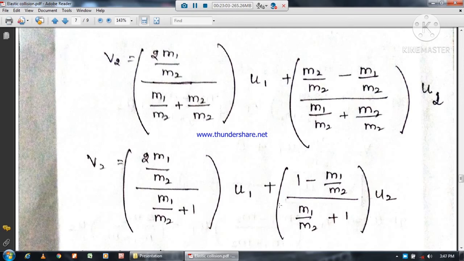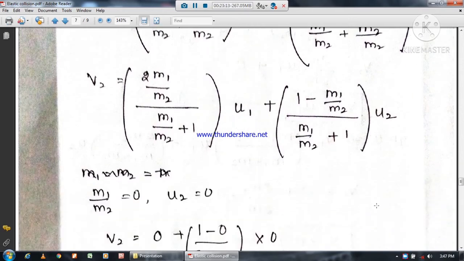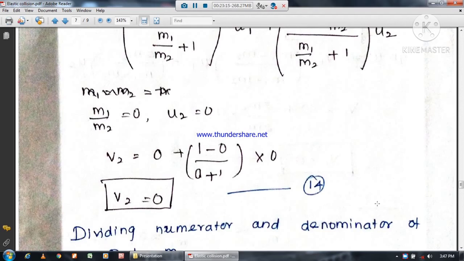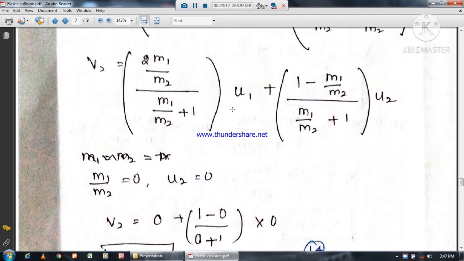So you can get v2 is equal to 2m1 divided by m2, the whole divided by m1 by m2 plus 1, into u1 plus here 1 minus m1 divided by m2, the whole divided by m1 divided by m2 plus 1, into u2.